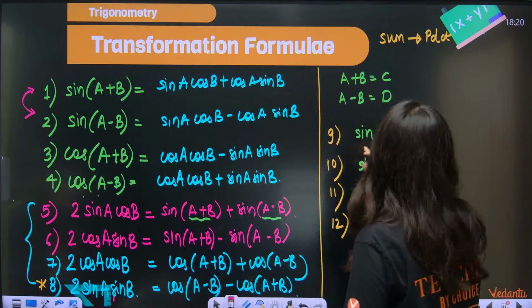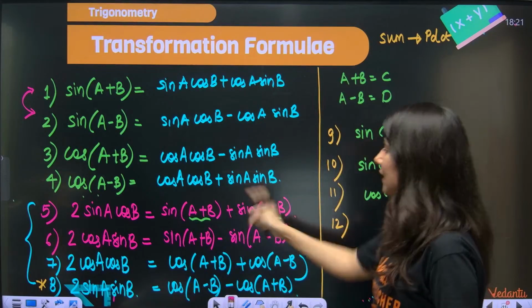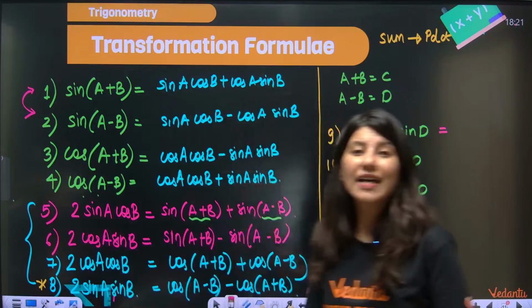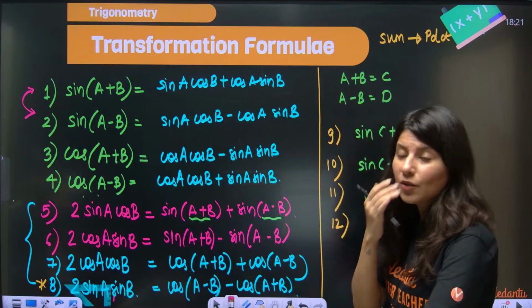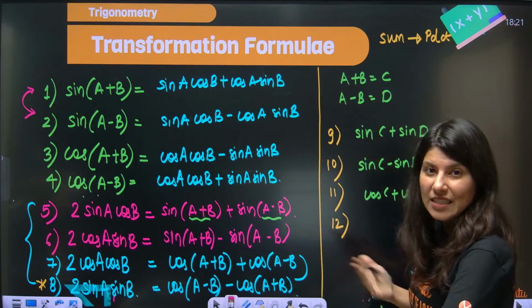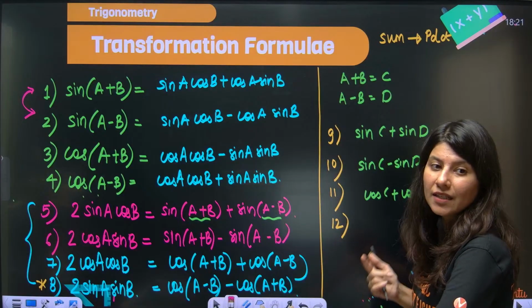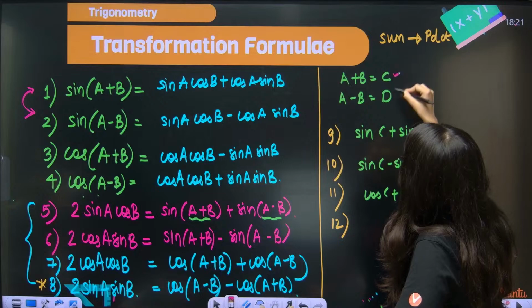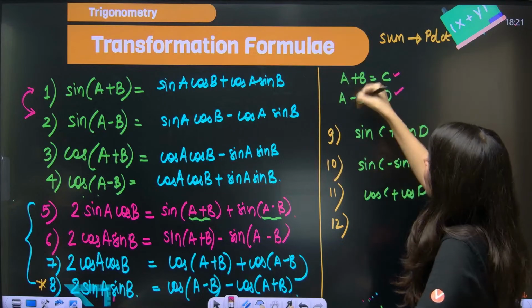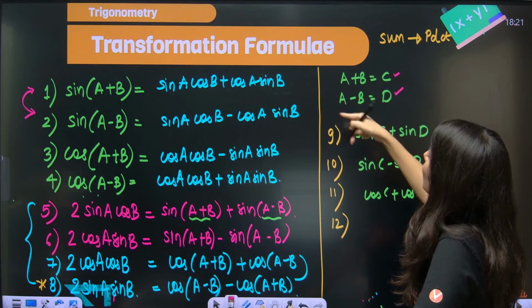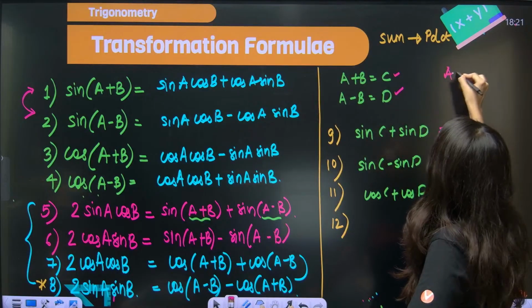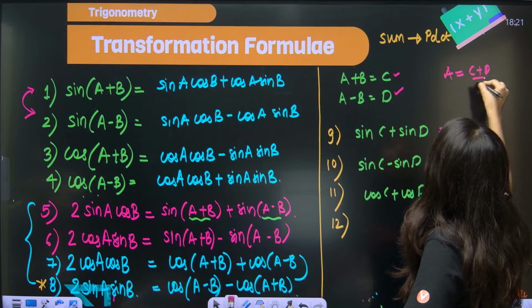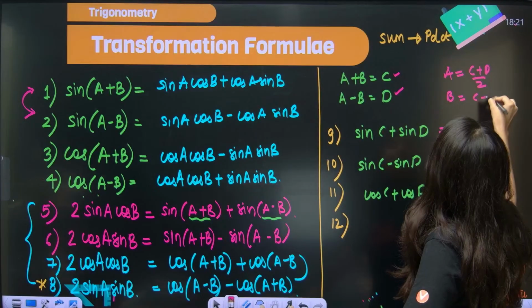Now understand, sin C plus sin D. It is 2 sin A cos B. But sin C plus sin D, we need to tell in terms of C and D. So if you add these two equations, you will get 2A is equal to C plus D. So A will be equal to (C plus D) by 2 and B is equal to (C minus D) by 2.